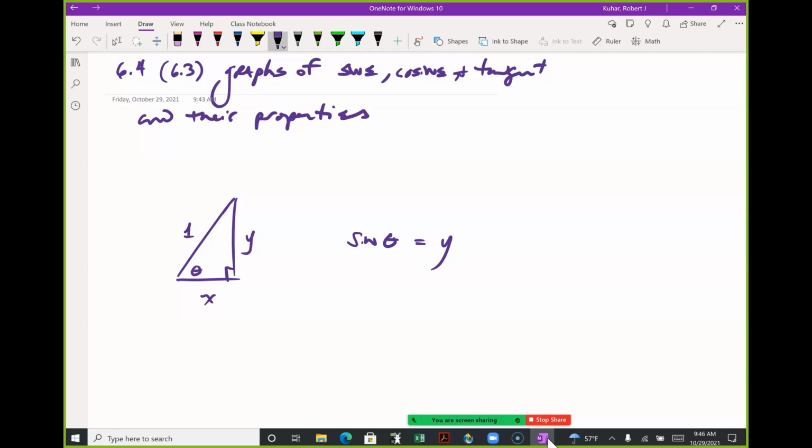Yes, you agree with that based on this picture? We got cosine of theta was the base of the triangle, and we got tangent as the slope of the hypotenuse.